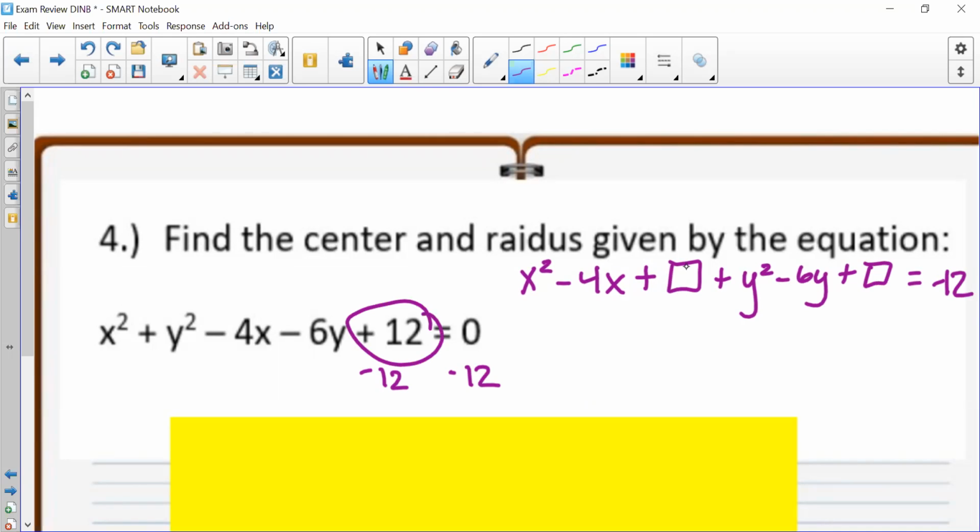Now, whatever we add in this box, I will also have to add to the right-hand side. I ran out of room, so I'm going to write it underneath, but usually we wrote it like we kept going, like plus box, plus box.